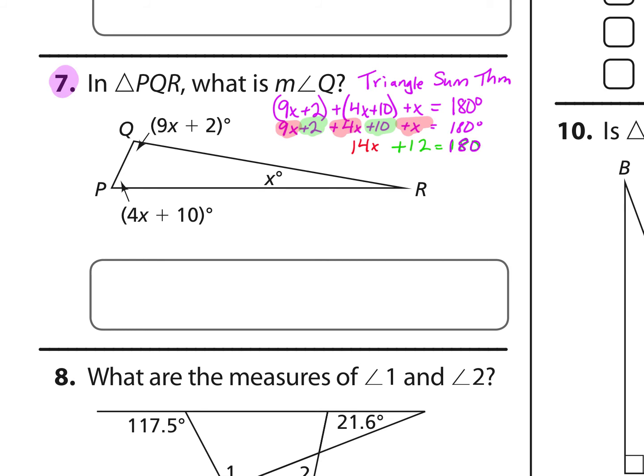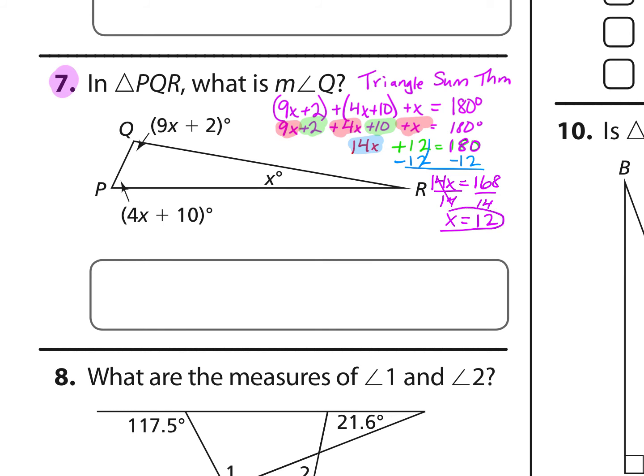Now we just have a little two-step equation. We're trying to get 14x by itself. So we'll subtract 12 from both sides of this equation, and we get 14x equals 168. Then divide both sides by 14 to get x by itself. And 168 divided by 14 is 12.